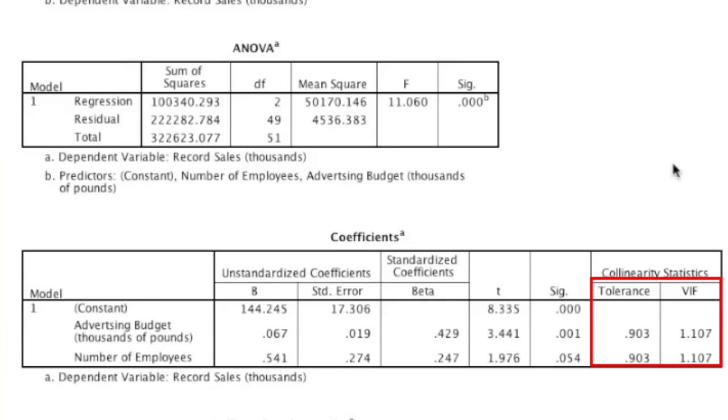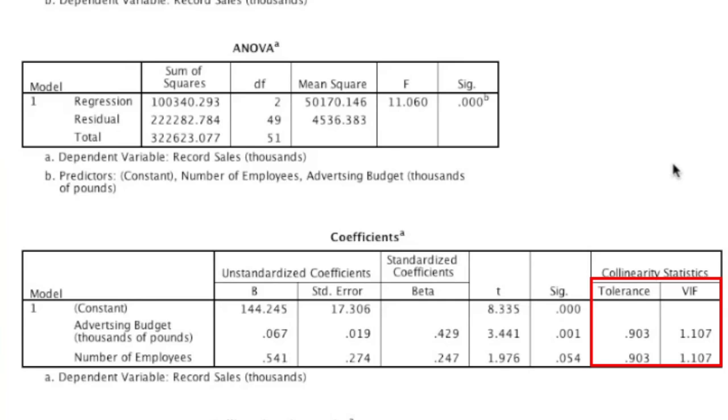For tolerance, you do not want that value to be less than 0.2 or less than 0.1. You could decide which cutoff you want to use, but anything less than that suggests multicollinearity issues. Now for VIF, you don't want it to be greater than 10. However, anything greater than 1 might indicate multicollinearity issues.